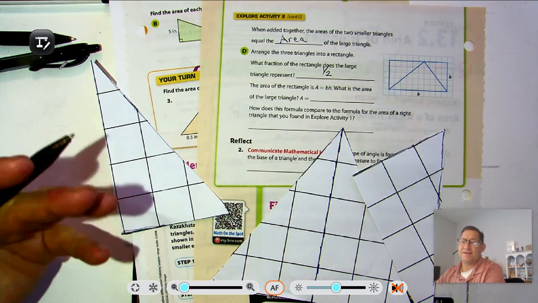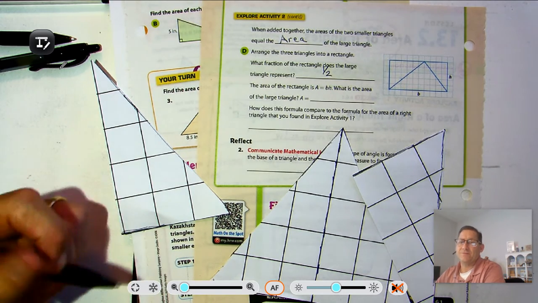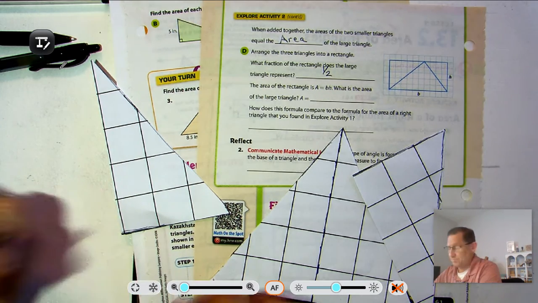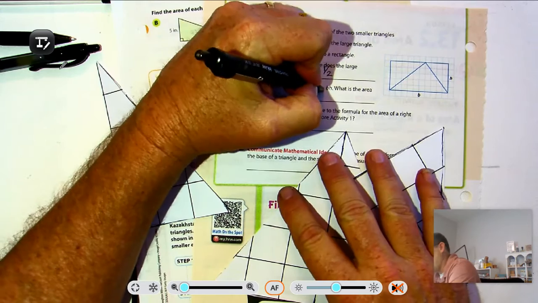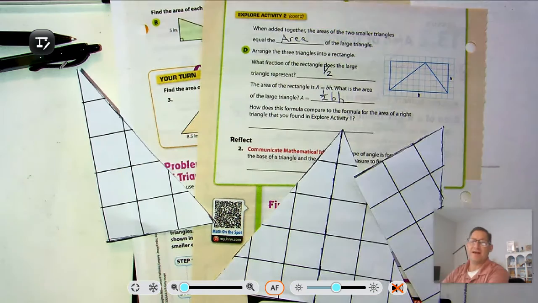So the area of a rectangle is area equals base times height. What is the area of the large triangle? Well, it's the same that we've already done, right? One half the base times the height.